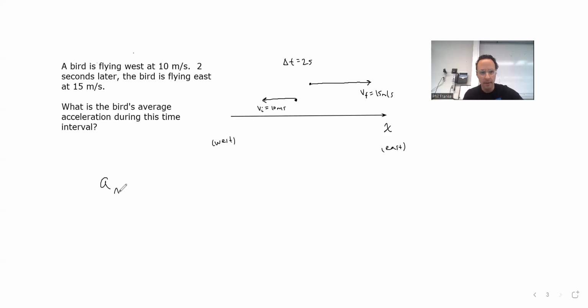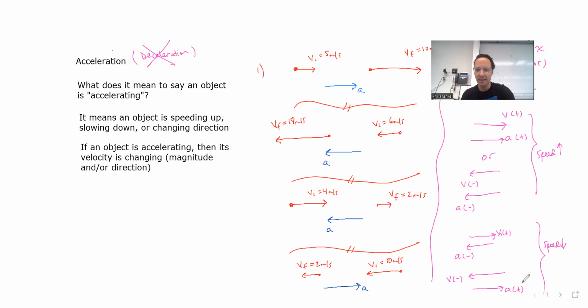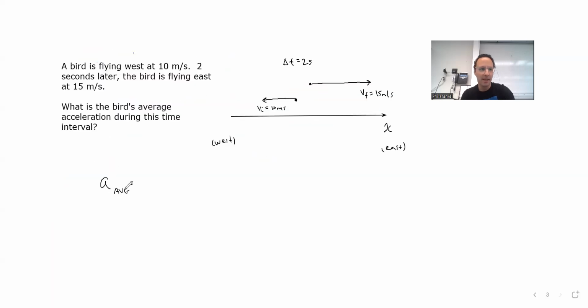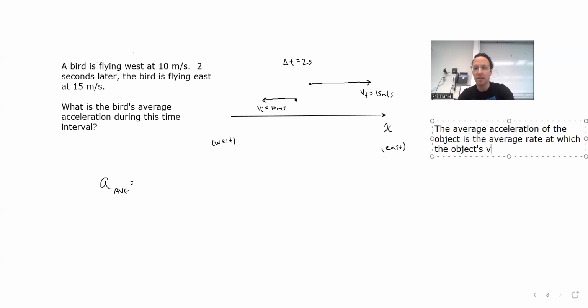Let's calculate it. The average acceleration of the object, did I give you this definition yet? Not really. I think I should write this down first. So I'll write it here. The average acceleration of the object is the average rate at which the object's velocity changes.